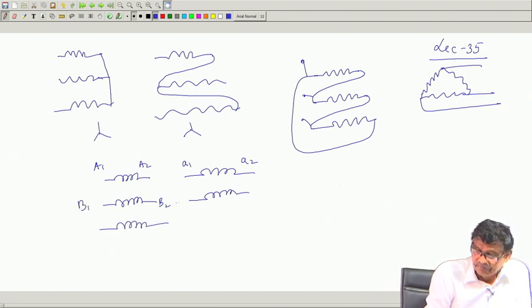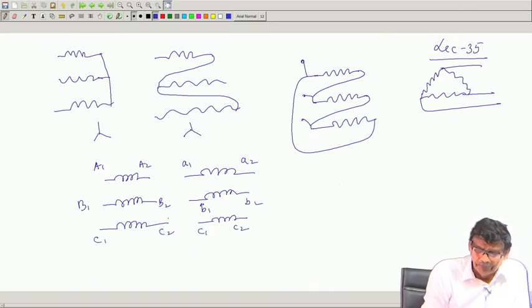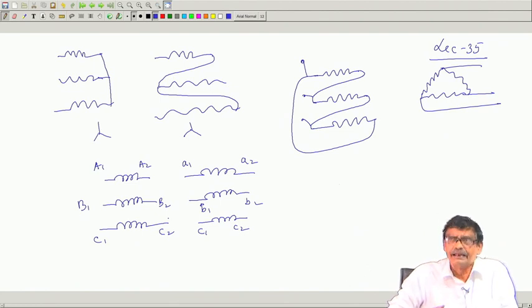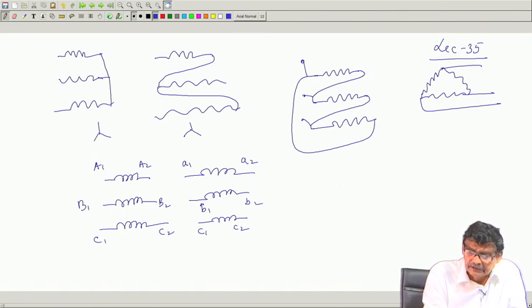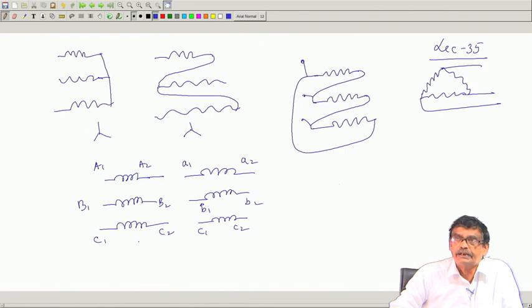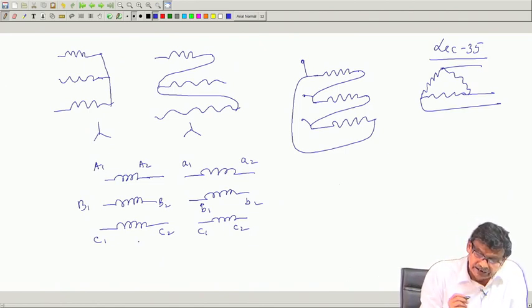So, B 1, B 2, small b 1, b 2, and this is small c 1, c 2, identical transformer. Suppose he is a careless person, he argues that okay, star connection, I know one from each I will short and the other three terminals will become the terminals of the star connected devices. So, he does like this.